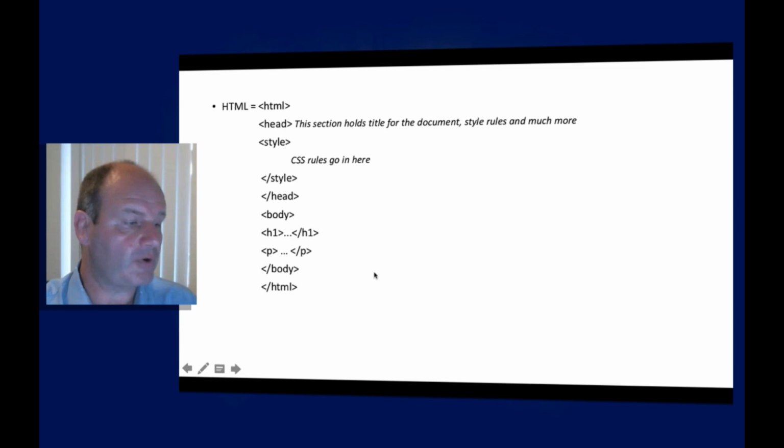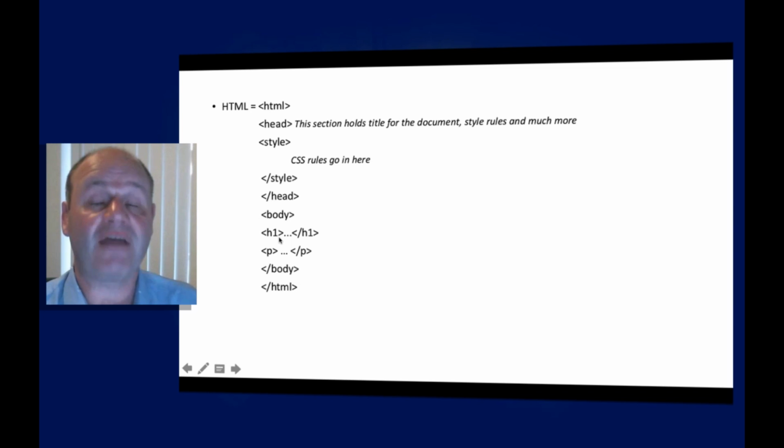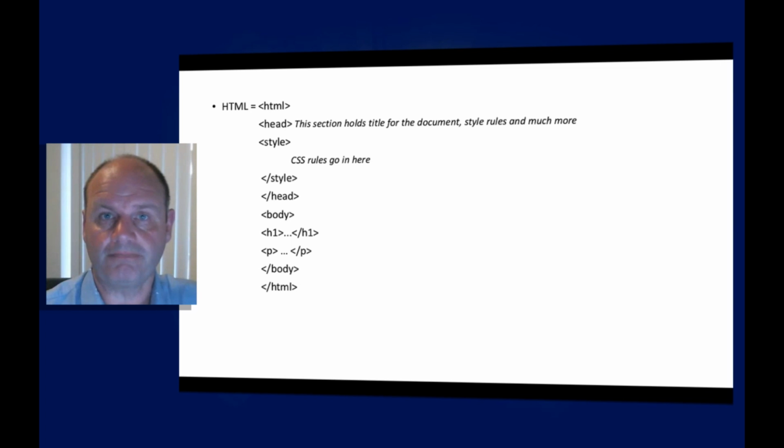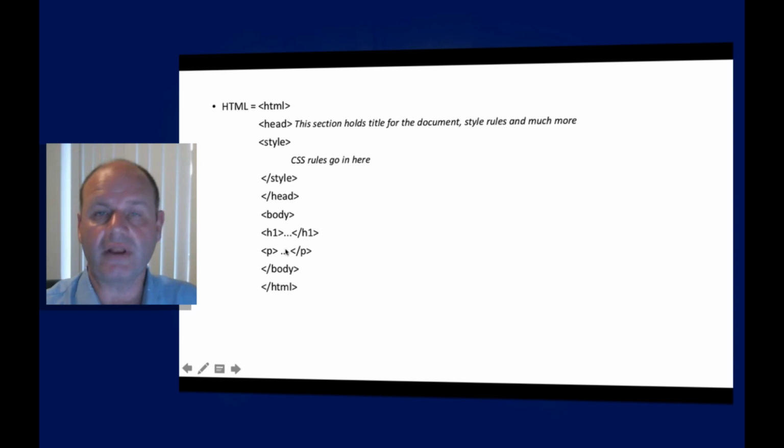So we have again a body tag and a closing body tag, and the types of elements that would be found within the body tag would be various types of headings, paragraph tags, image tags, bullet point tags, table tags, lots and lots of different types, all the elements that go to make up a web page. So it's important to realize what each of the tags do and the hierarchy of those tags.